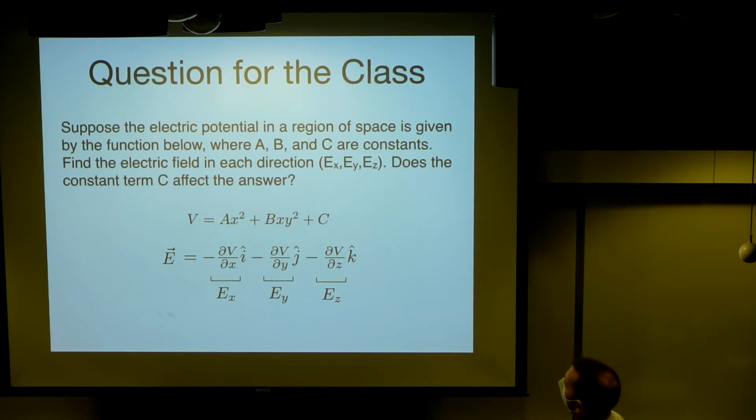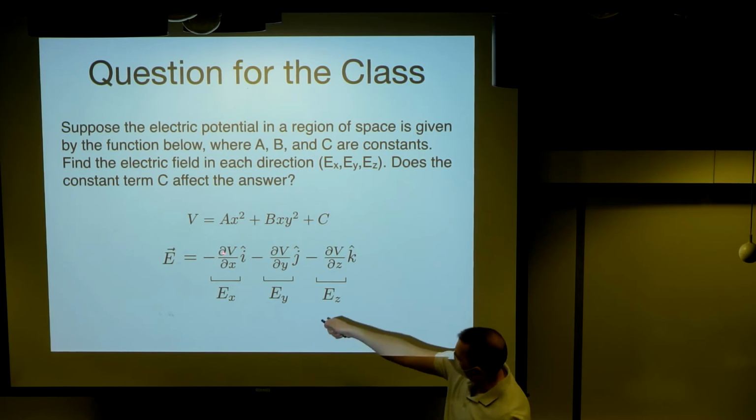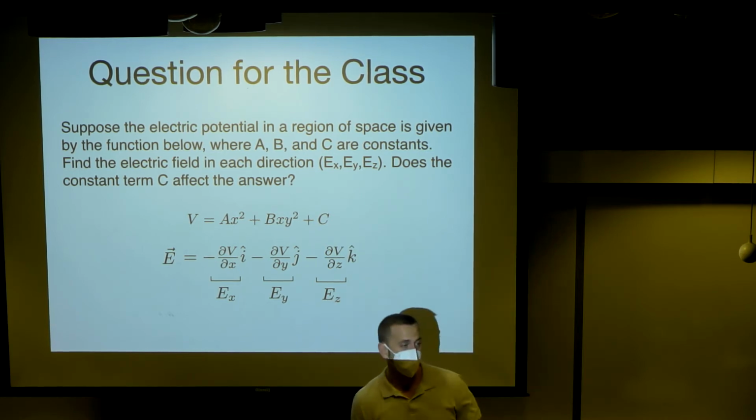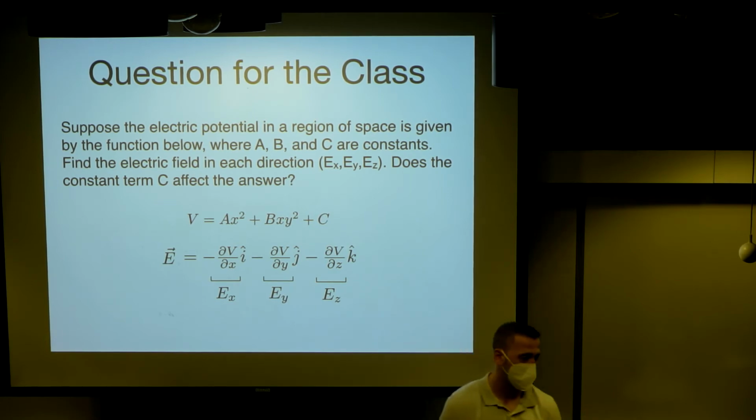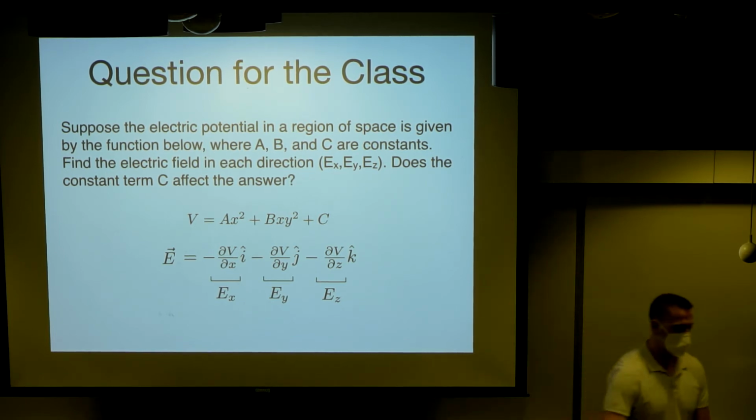So what I want you to do is find the electric field in each direction. That is E_X, E_Y, and E_Z. And remember that in order to do this, if I want E_X, I'm taking the derivative of this thing just with respect to X, treating everything else as constant, okay? So for Y, I take the derivative with respect to Y, treat everything else as constant, and so on. So try it out, see what you get, and then we'll go through it together.